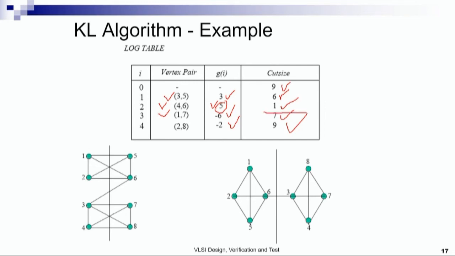And hence we only take up to these two steps, right? And in fact, for this example, we need only one pass. In the second pass, we will see that none of the exchanges gives me a gain which is higher than 1. The lowest cut size that is possible is 1, and in the second iteration, g will remain equal to 0 and the algorithm will stop.